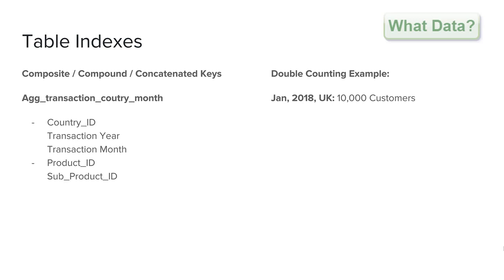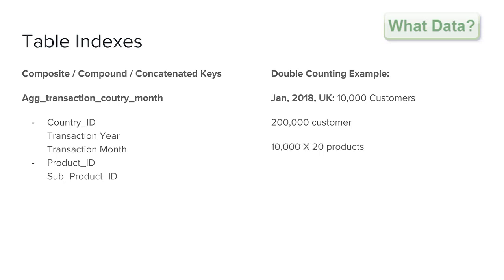Our table name of Ag Country Transaction Month leads us to believe that the granularity of the table is at country and month level. We then perform a count of customers and it returns a count of 200,000 customers who made transactions in January 2018. Upon further investigation of the table, we identify that the table also contains product and subproduct details, of which there are 20 rows of data for the month of January in the United Kingdom.